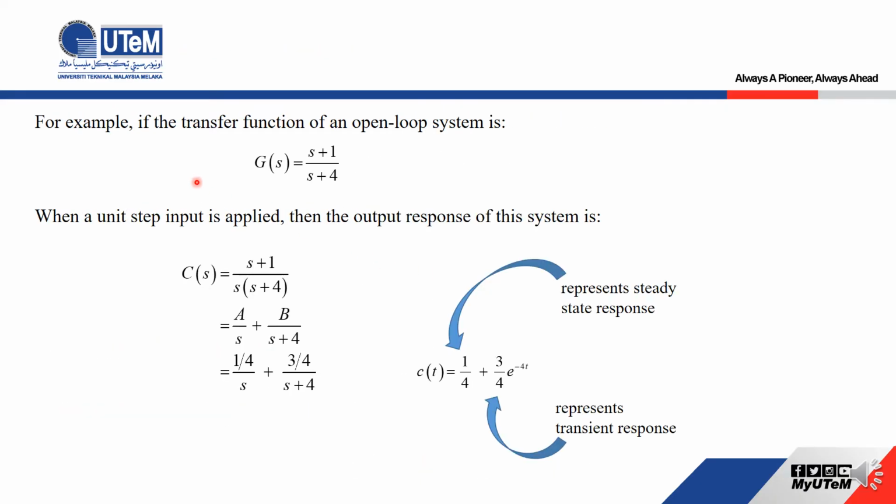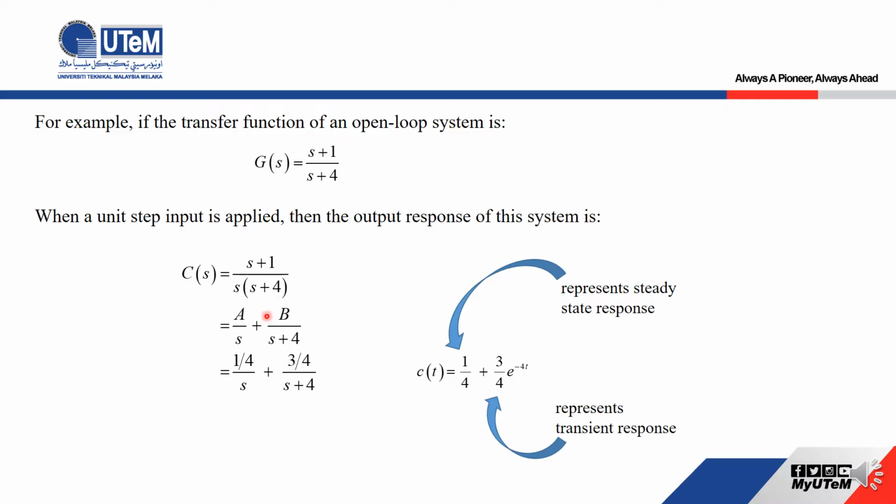For example, if the transfer function of the open loop system is G(s) equal to S plus 1 divided by S plus 4, then when a unit step input is applied, the output response of the system can be obtained like this.